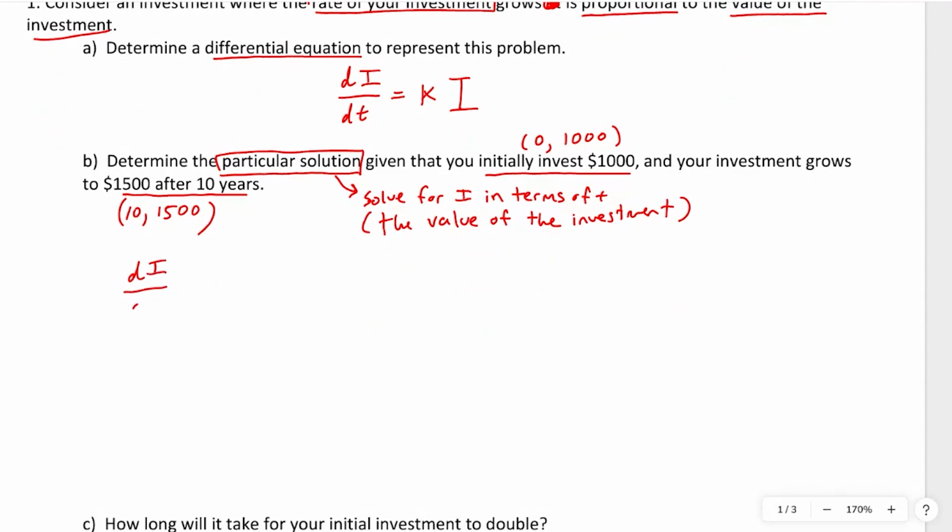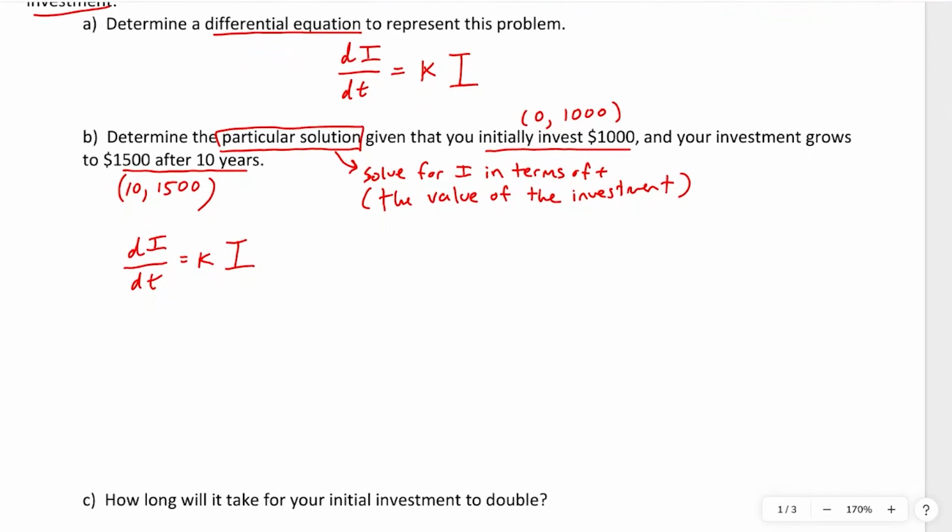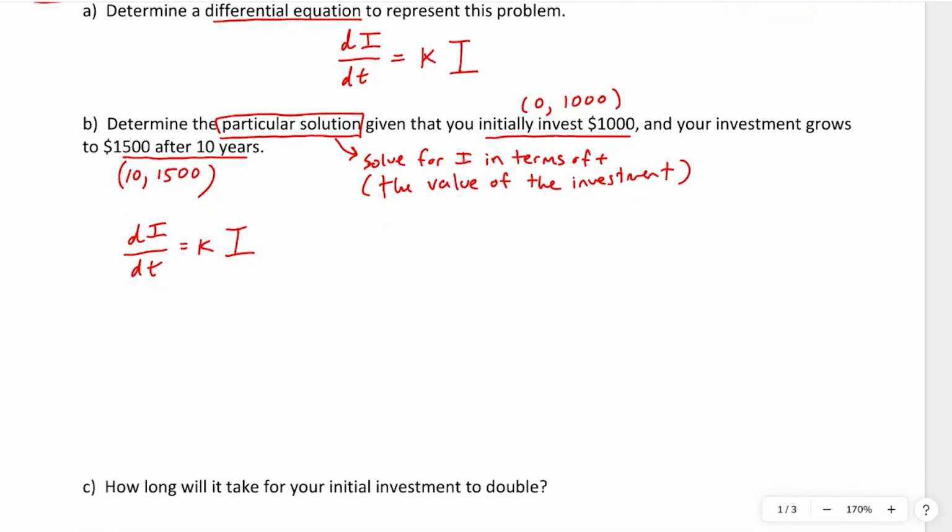di over dt equals k times I. This is stating that the value of the investment is proportional to the rate at which it grows. Now, the I I'm going to need to move to the left. The k, remember, is some constant. We actually need to figure out what that k is, but we'll come back to that.